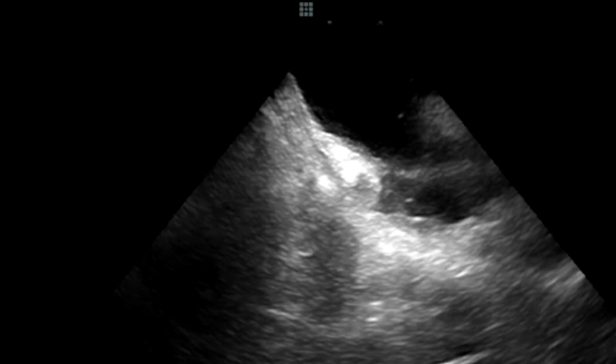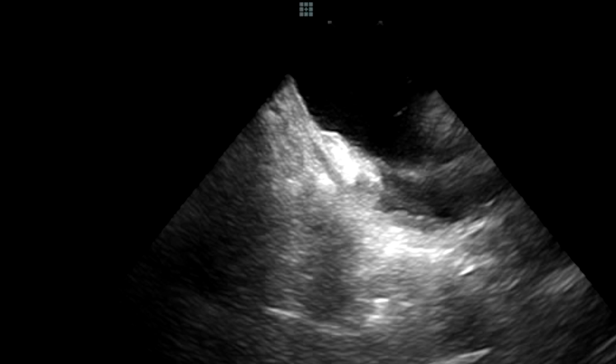This is an example of focal atrial tachycardia. This patient had an atriotomy, and you can here see the right atrium. This is the lateral wall of the right atrium. And here you can see that scar tissue right there, which was secondary to prior atriotomy.